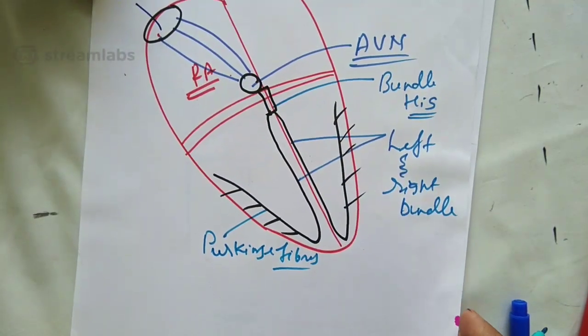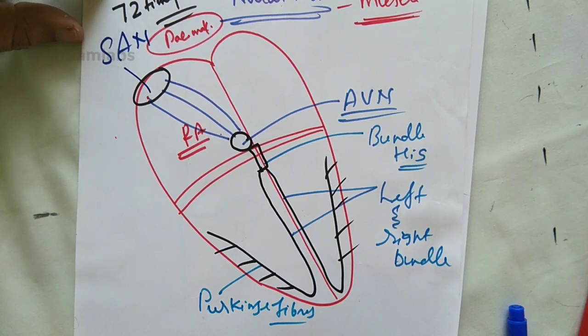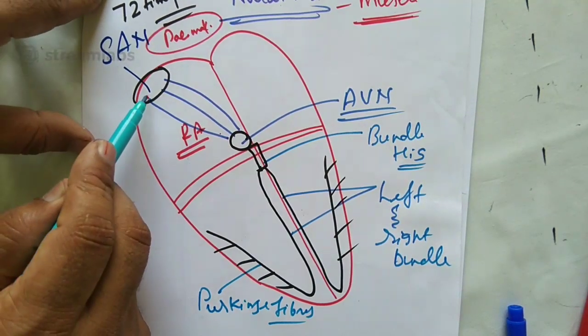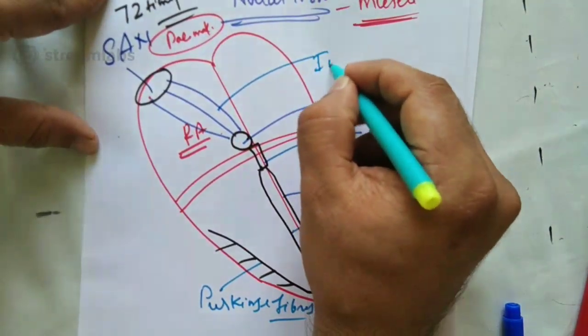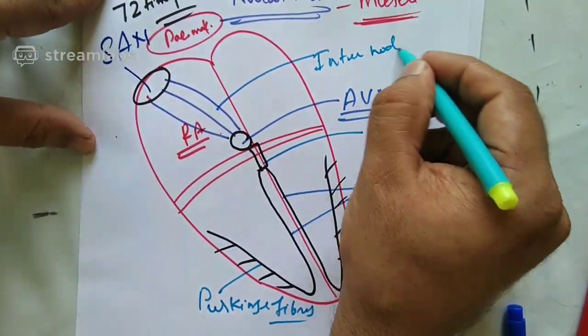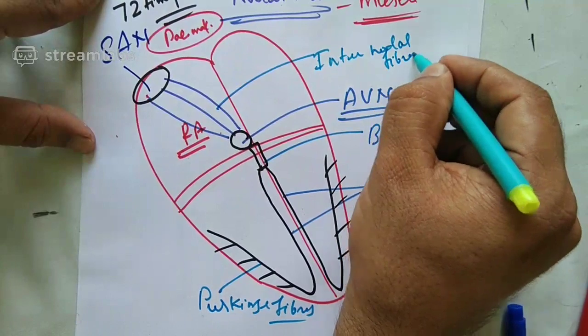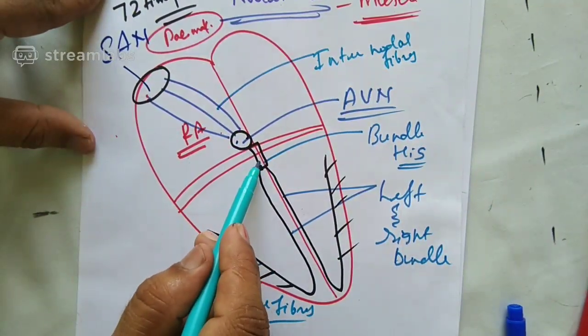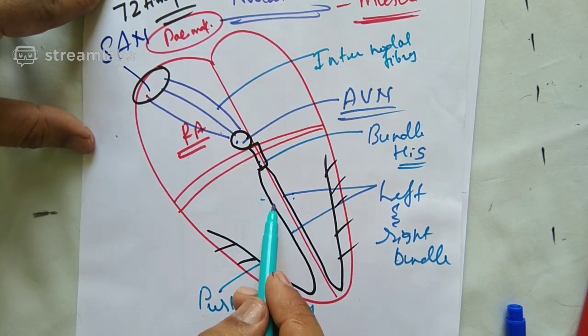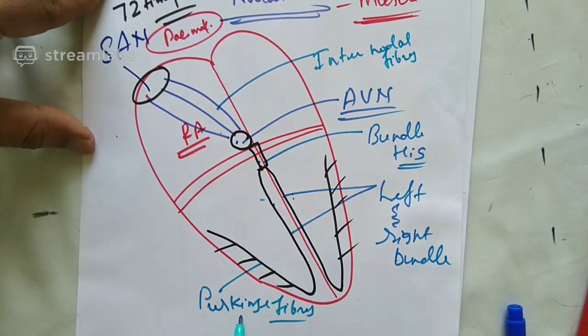Why I have given this is, this can come for writing the sequence. Sinoatrial node, internodal fibers, atrioventricular node, bundle of His, left and right bundle and Purkinje fiber.